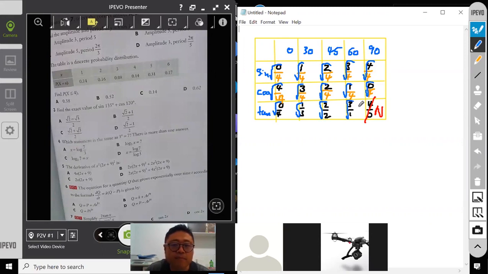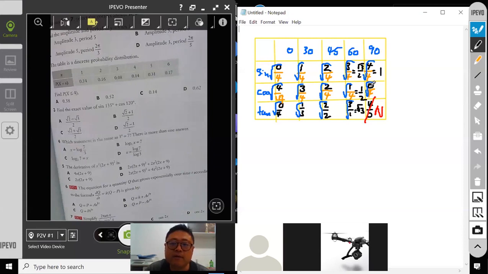It's just 3, so your answer is just going to be root 3. 1 over 4: what's the square root of 4? 2. So it's just 1 over 2. Root 3 over 2. Yep. 4 over 4 is 1.